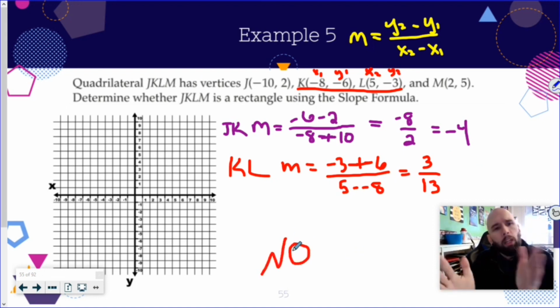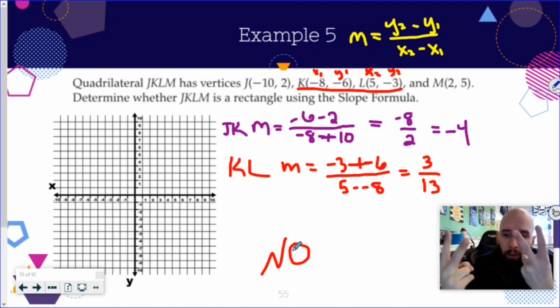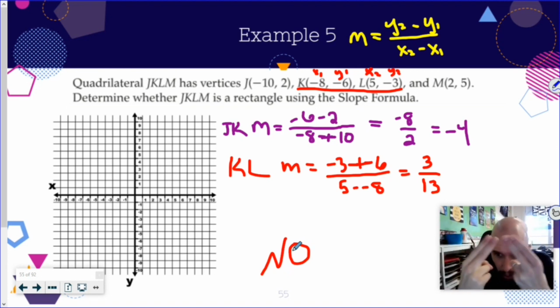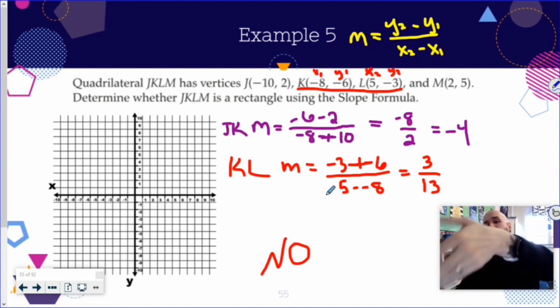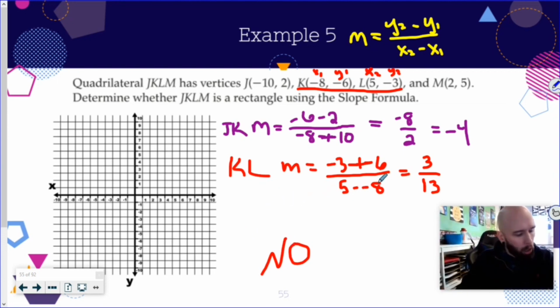No. Again, the only way that this would have worked is we needed to get two different slopes that were negative reciprocals of each other, because they form perpendicular lines, because it's a rectangle. That didn't happen because there's no negative reciprocal action happening here. We are done. I don't need to go any further. So that wasn't so bad. It really wasn't. I had fun though.